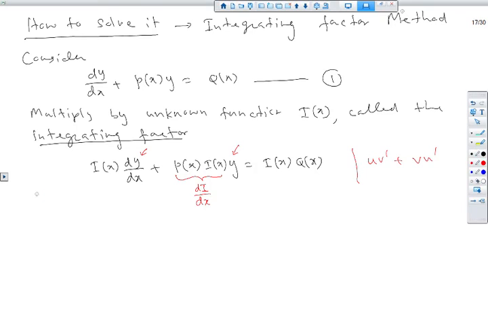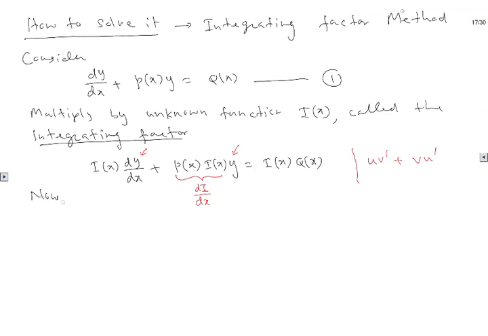Now assume that the derivative of the unknown function I is exactly equal to p(x) I(x).